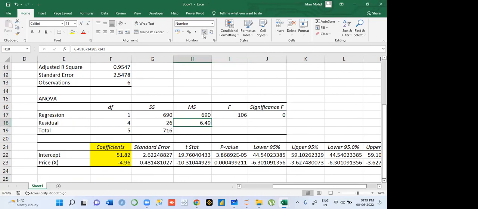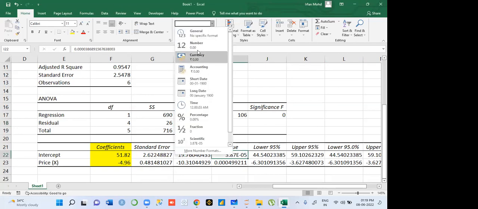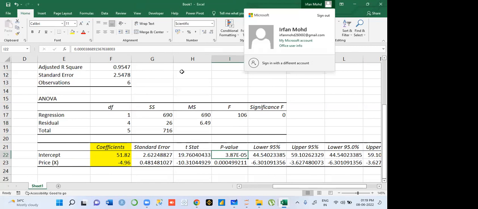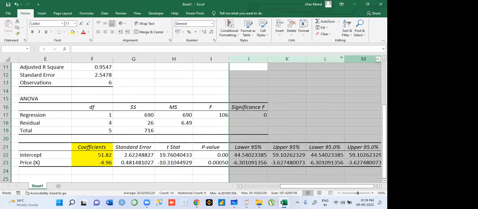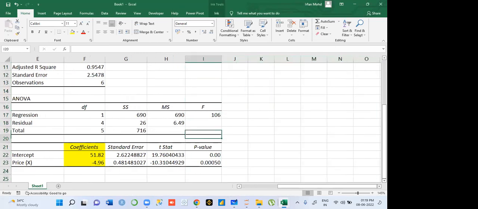The F calculated value is 106. If you remember, in software, you get a P value. We don't get a stable value. So now can you look at the P value of this number? Look at the P value, guys, over here.